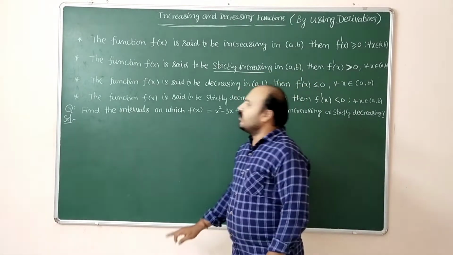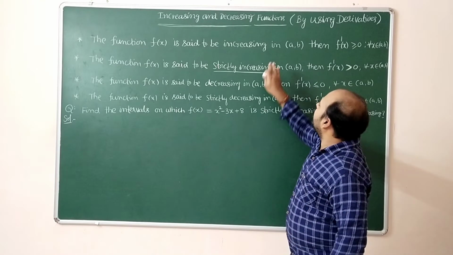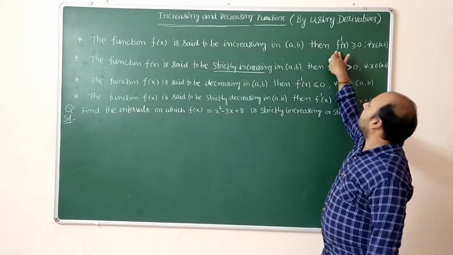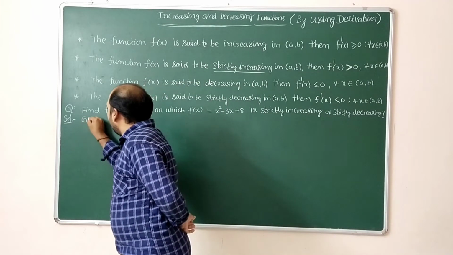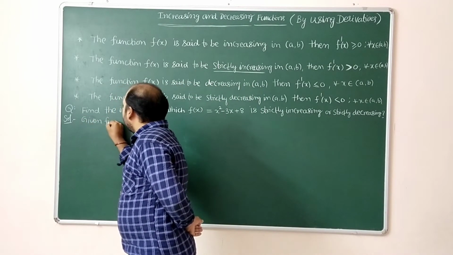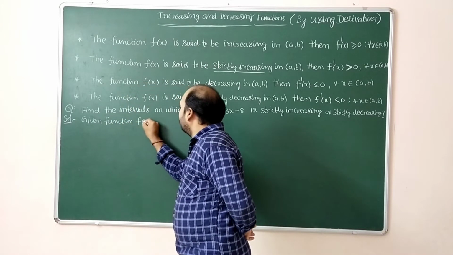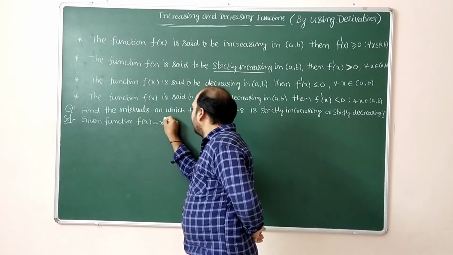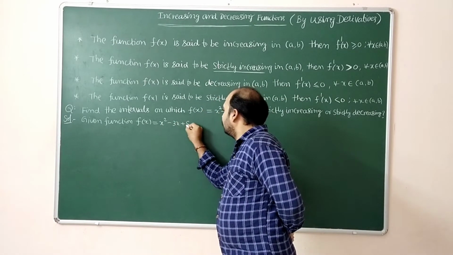See, first to calculate the intervals, we need to calculate the derivative of the function. So first given function f of x is equal to x square minus 3x plus 8.